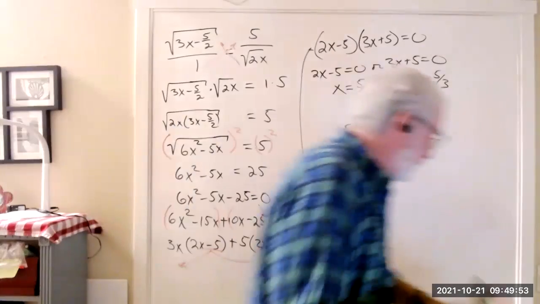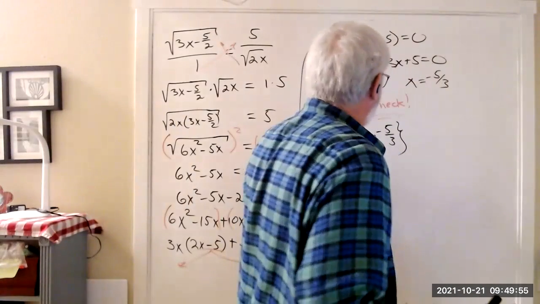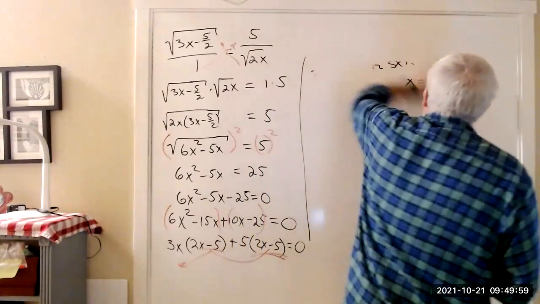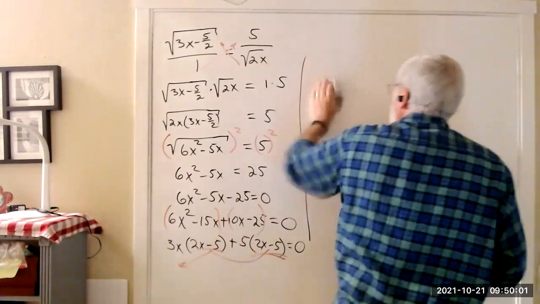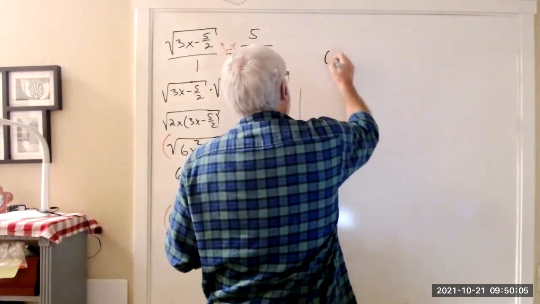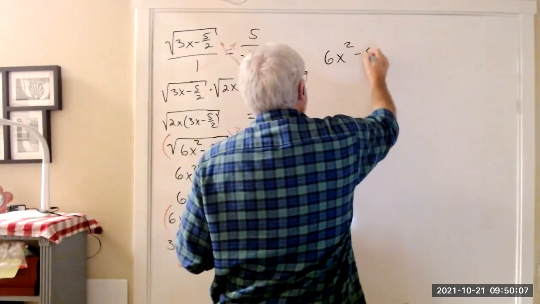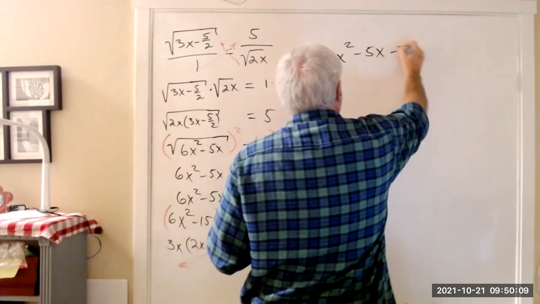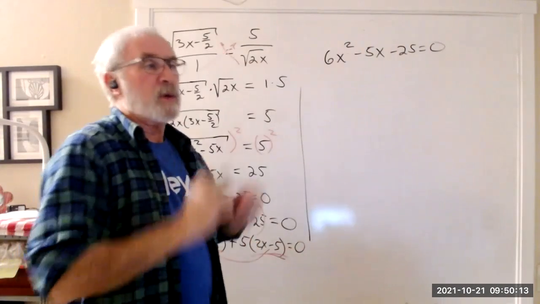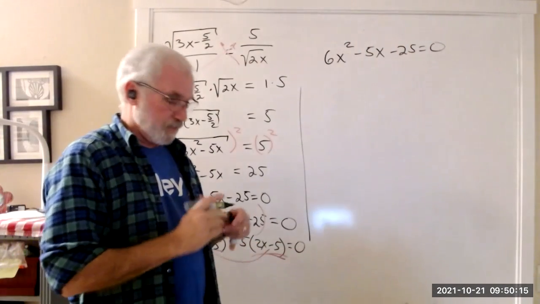I want to digress for just a moment. If we're at this problem, 6x squared minus 5x minus 25 equals 0, and we know we have to factor it.